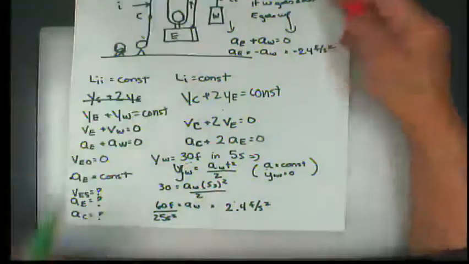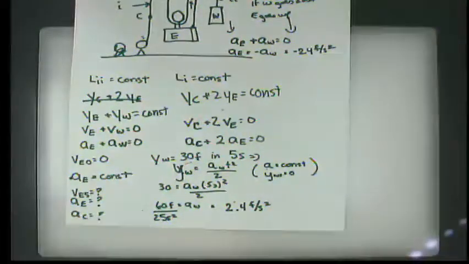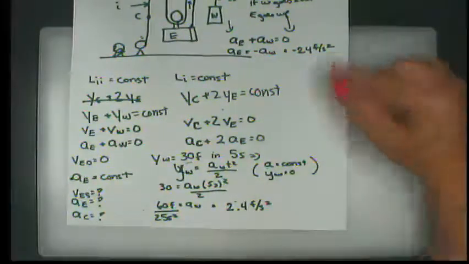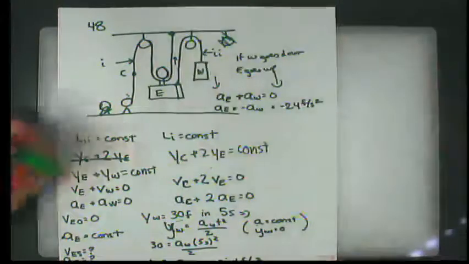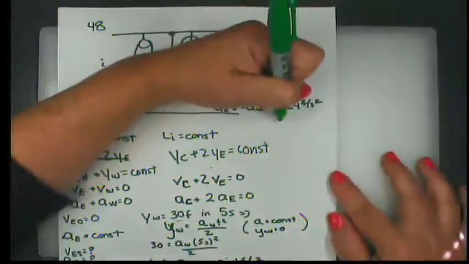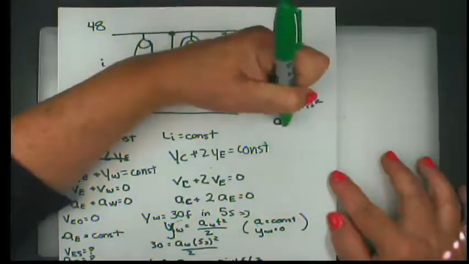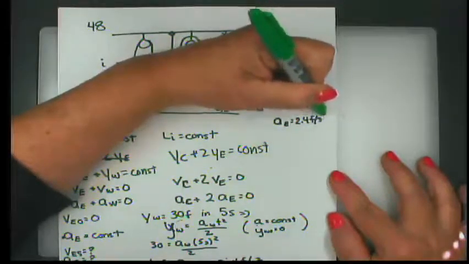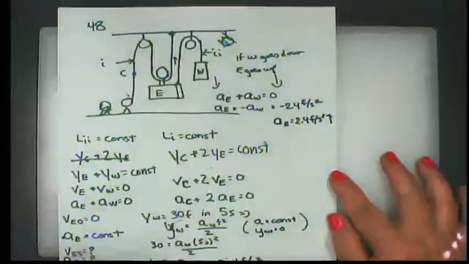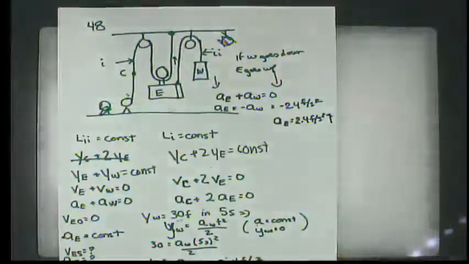Now, I'm not entirely sure. I would prefer to just use arrows because it can be a little strange from a physical point of view. I've defined this as being positive downward, so that means that this is negative going upward. But let's do it this way instead. Let's say A of the elevator is 2.4 feet per second squared up. Okay? And then that eliminates all details.